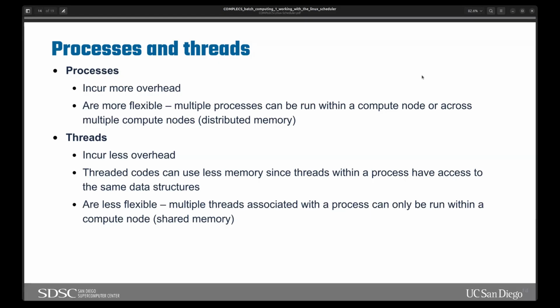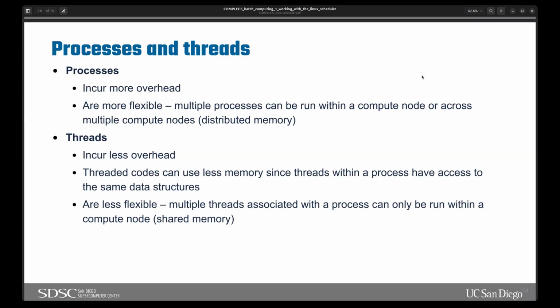Okay, so this slide is just highlighting the advantages, disadvantages, and differences in terms of performance between processes and threads. Processes are more heavyweight, so they incur more overhead in terms of resources.